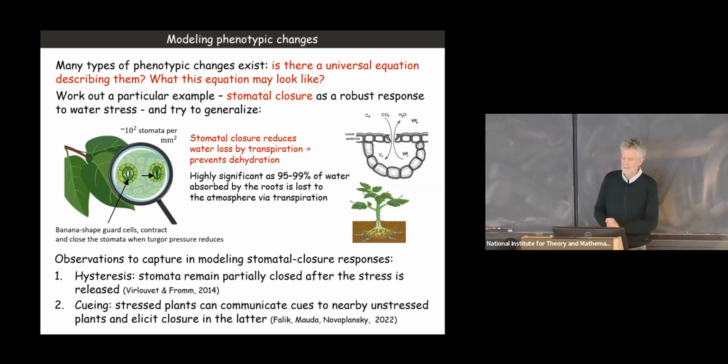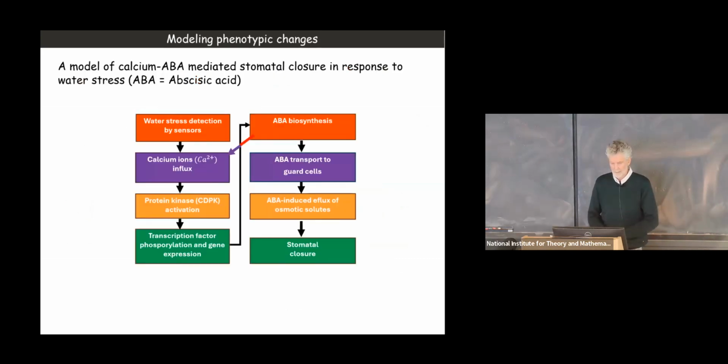Stressed plants can communicate cues to nearby plants and elicit closure of the stomata of those unstressed plants. Okay, so stomatal closure is a very complicated process involving a network of biochemical reactions and physical processes. This is a simplified scheme.